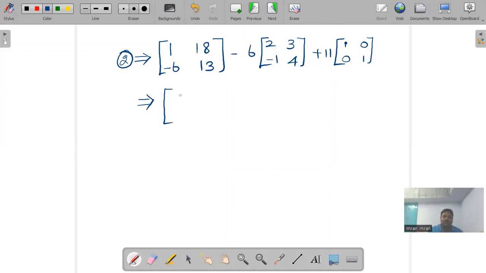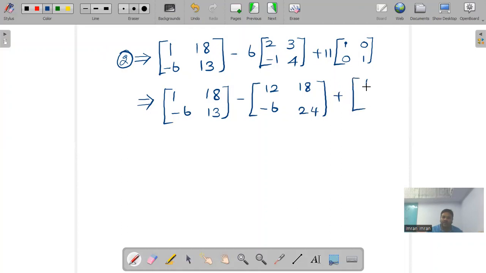Now simplify this equation. 6 into A becomes 6 twos are 12, 6 threes are 18, 6 into minus 1 is minus 6, 6 fours are 24. And 11I is 11, 0, 0, 11.